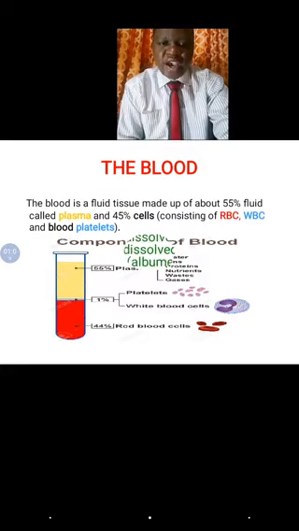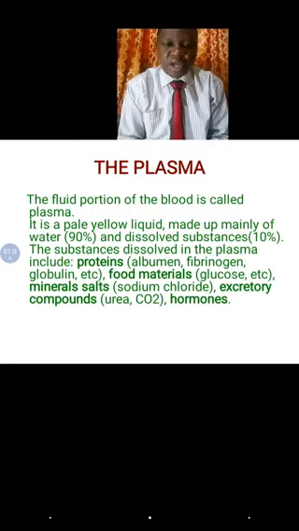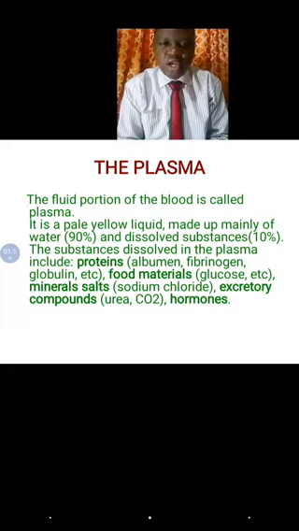So let's move ahead to talk about the plasma, which has the highest percentage. It is a pale yellow liquid made up of majorly 90% water. The other 10% includes dissolved substances like protein, food materials, mineral salt, excretory compounds, and hormones.